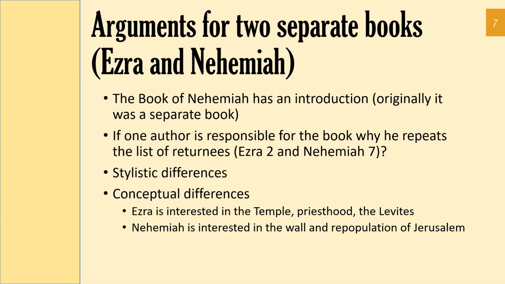First of all, this argument is very simple. If you open the book of Nehemiah, we can see that it starts with a so-called prologue or introduction: "The words of Nehemiah, son of Hakaliah."